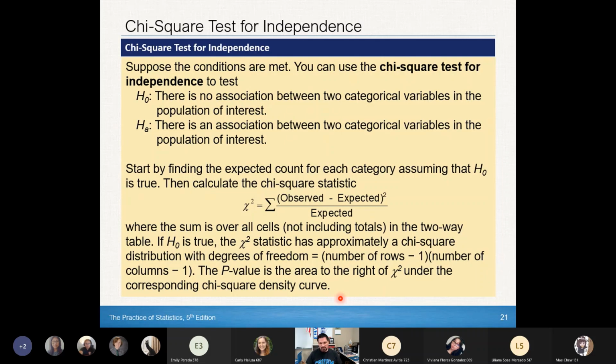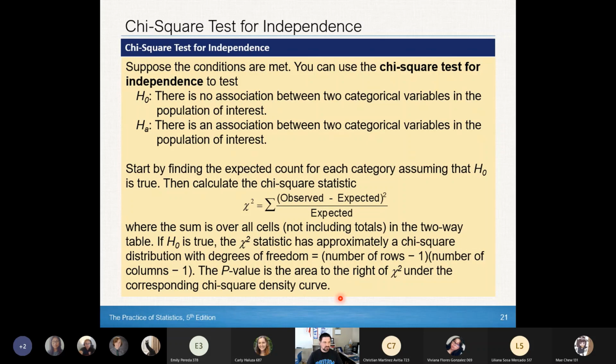The calculations that are performed if you're doing a test for homogeneity or a test for independence are exactly the same. You define the expected counts the same way for both. You find the chi-square statistic the same way for both. You determine the p-value the same way for both. The major difference is the context of the two tests. One is testing for a difference.